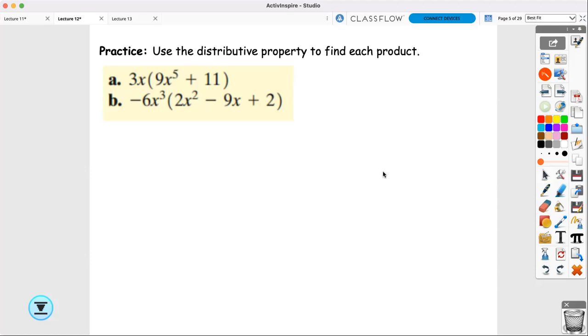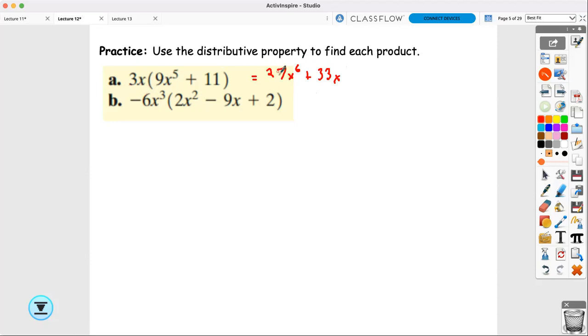We have 27x to the 6 plus 33x. Sorry, I didn't know I was still muted. All right, we have 27x to the 6 plus 33x.